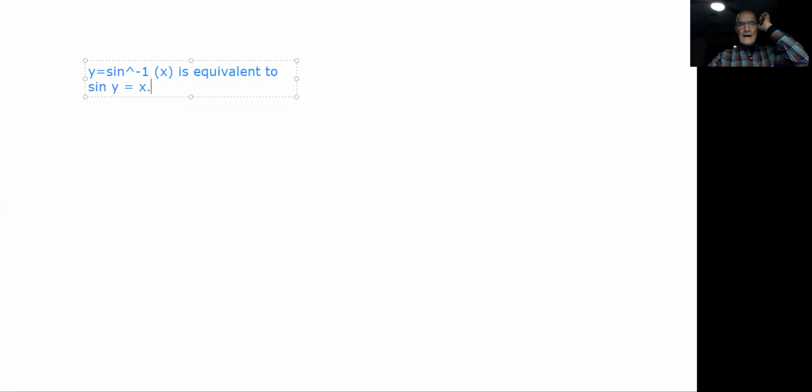Okay, so y is the angle whose sine is x. Now you will see this sometimes written as y equals arc sine x. These two expressions mean exactly the same thing.